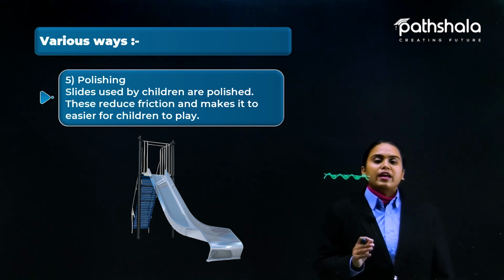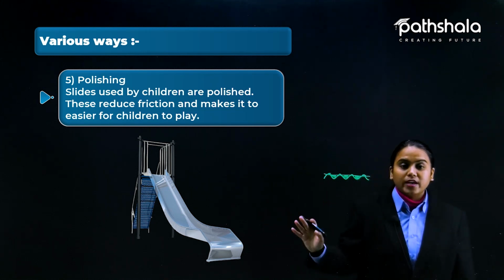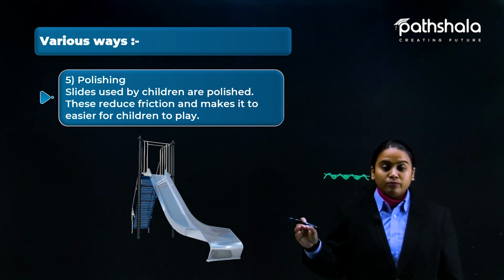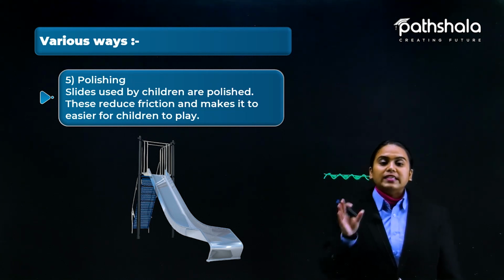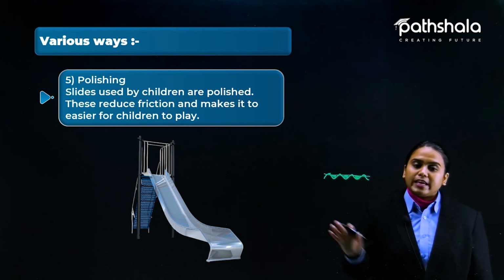Still, it has some irregularities. We cannot say that it is now a frictionless surface. It still has some friction value, but that friction value is much less now compared to the previous condition of the same thing.